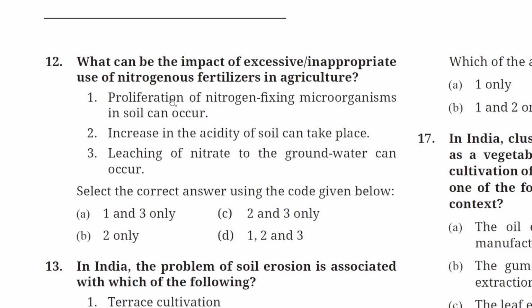Let's see. Proliferation of nitrogen fixing microorganisms in soil can occur. If the fertilizers are used, then there is no function of microorganisms basically. Basically, the fertilizers are itself nitrogen. So one option is wrong. Excess nitrogen leads to proliferation of nitrogen fixing bacteria on entering the water bodies, not in soil, thus causing eutrophication, but not in the soil.